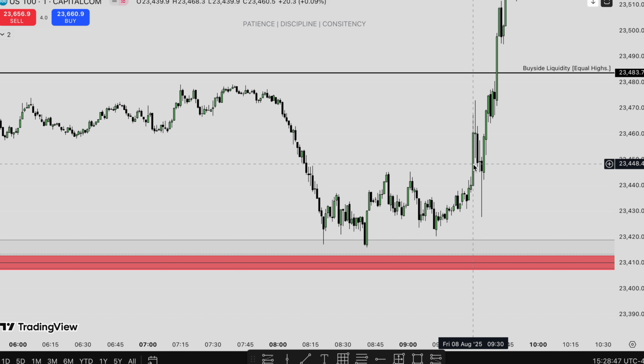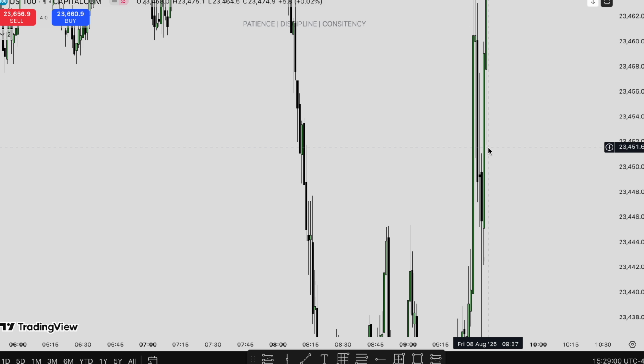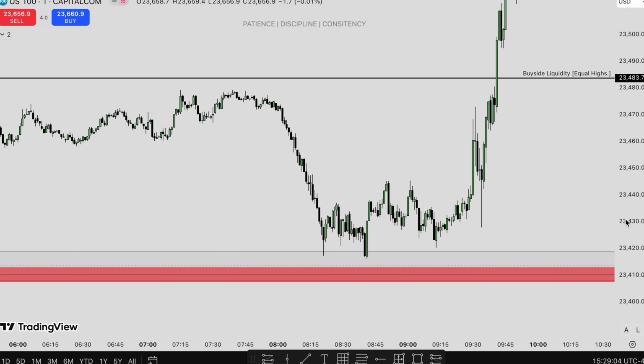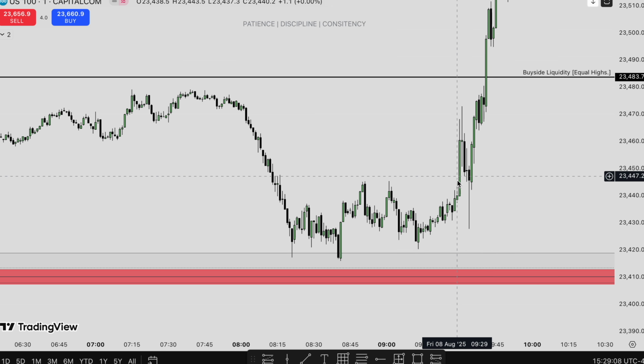So we got this fair value gap right here. This is not the first presented fair value gap. It's not. The first presented fair value gap is this little pocket here. I'm not sure if you can see that. This is the first presented fair value gap, right? That's it right there. Okay, so I was actually looking to long in this, right?